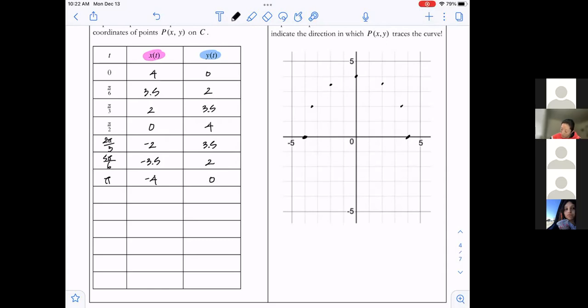Okay, so I'm going to plot a few more points. And while I'm doing that, take some time to think about what direction my arrows should go in. Oh, that's not right.